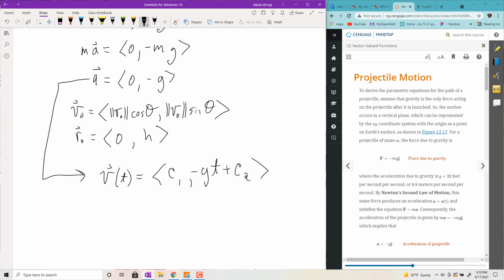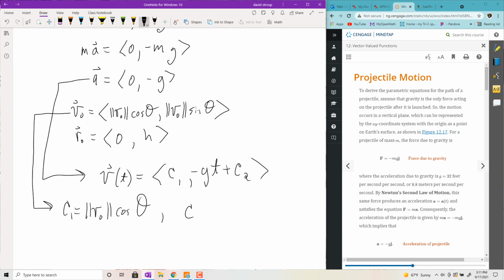Then we use the initial velocity to solve for c1 and c2. So we equate components, letting t equal 0. We have c1 equals the magnitude of v sub 0 cosine theta. And then on the second component, when t is 0, negative g times 0 will be 0.